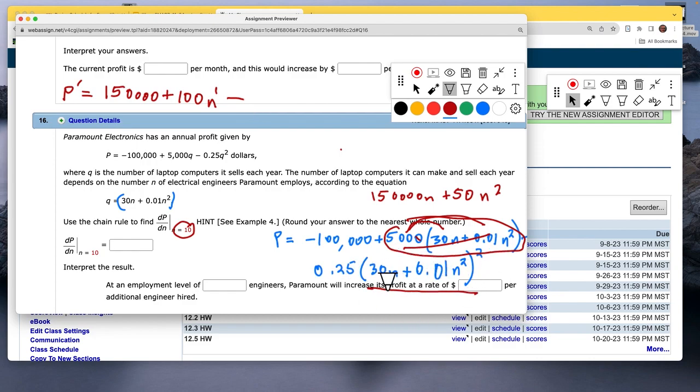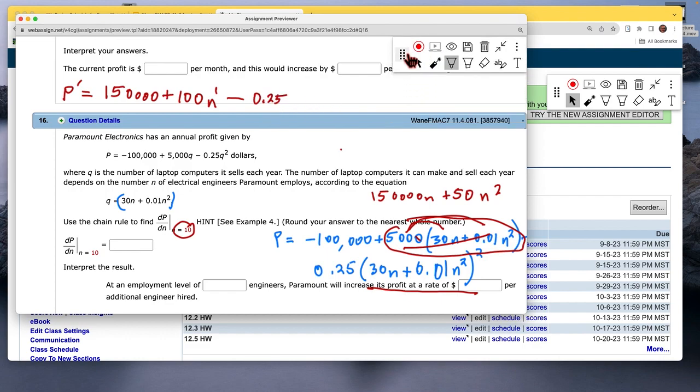So I'm going to have 0.25. I have the 2 that's going to come down. I've got the inside stuff that doesn't change. I subtract 1 from the exponent, so it now becomes to the 1 power.